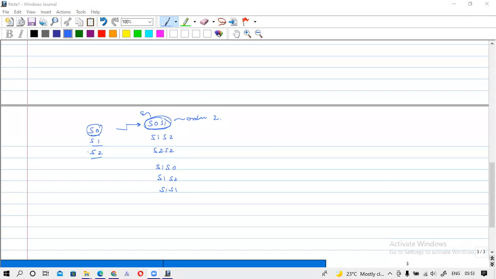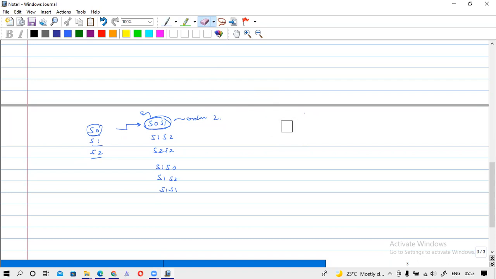Because we have only 3 characters. So we can extend it up to a maximum of order 3, that means we can combine three characters together. This is the highest order we can get, and here also we will get different combinations: S0, S1, S2, and S1, S0, S2, and so on.